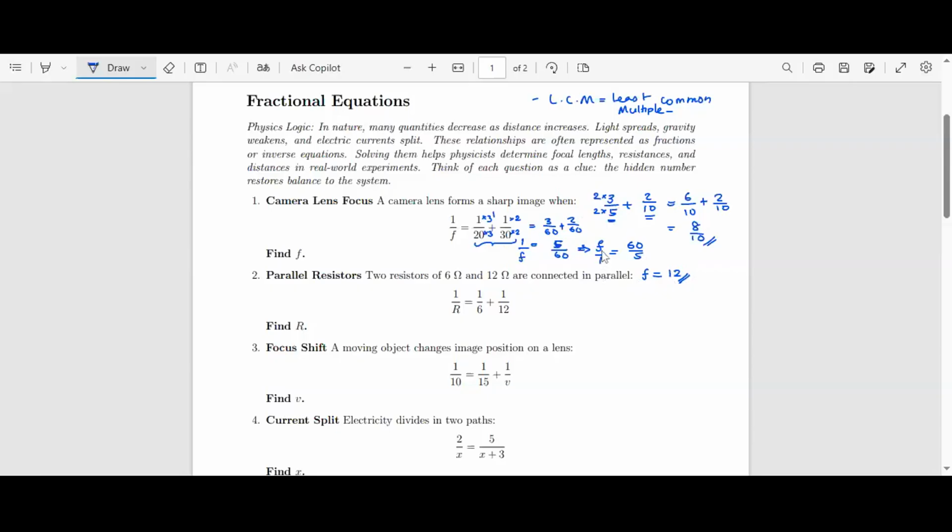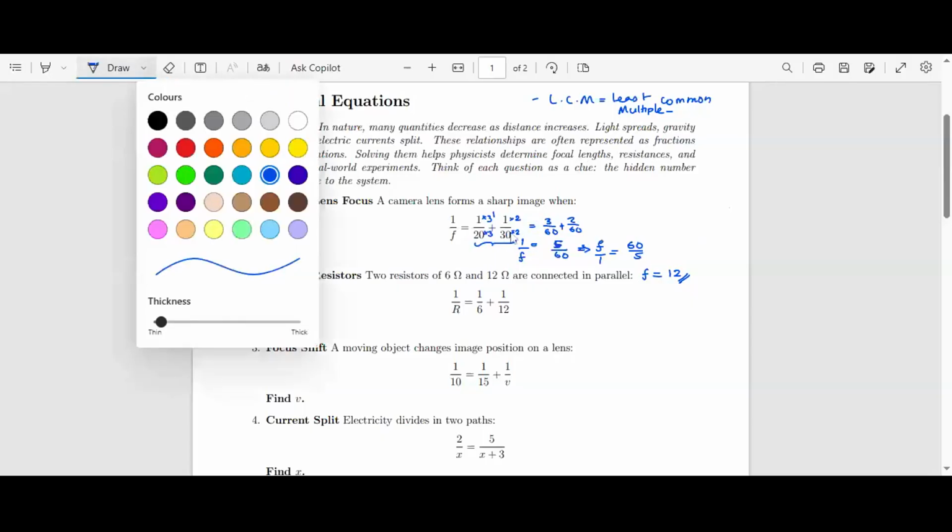That's the answer. So f equals 12. Or what you can do is simplify this fraction, 5 over 60.